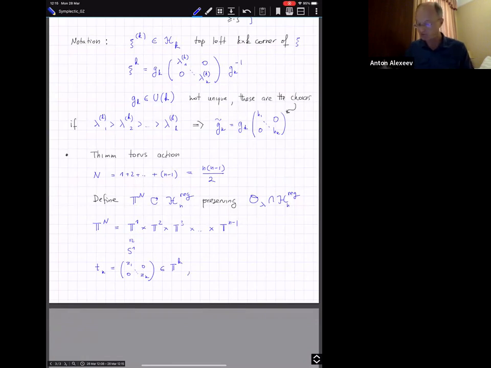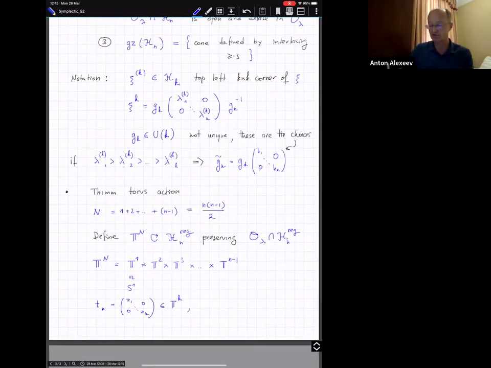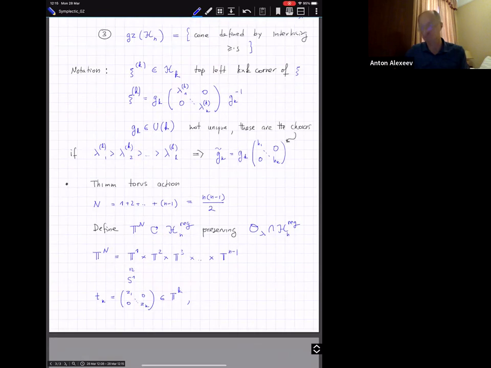And I will be acting by this on my Hermitian matrix, which is called zeta. Remember that zeta has those corners, and the corners are diagonalized by unitary matrices Gk. And so I define matrices Vk by this funny formula.